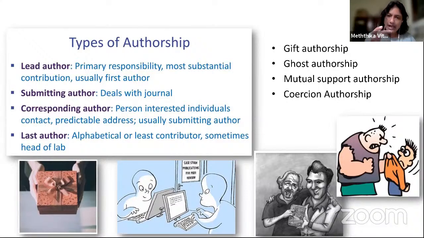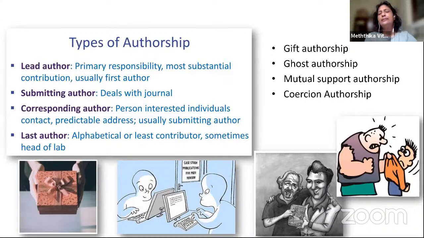If the idea is from your supervisor, and the supervisor deals with the journal, then that supervisor will be the corresponding author. Submitting author and corresponding author are the same.